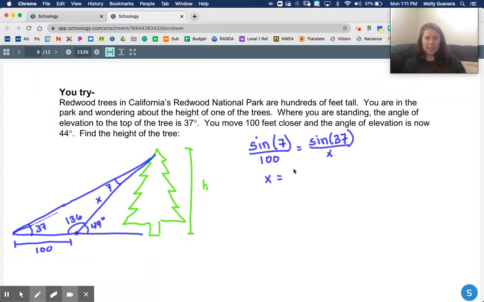I get x is equal to 100 times sine of 37 over sine of 7. Okay, and I solve, and I get x is about 493.81986, blah, blah, blah. Regardless, I'm going to store it.